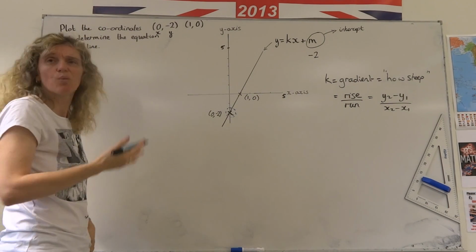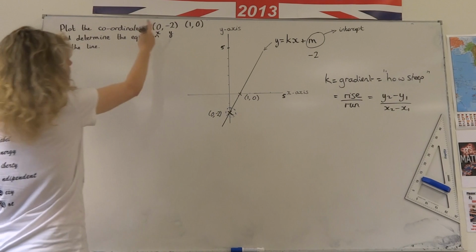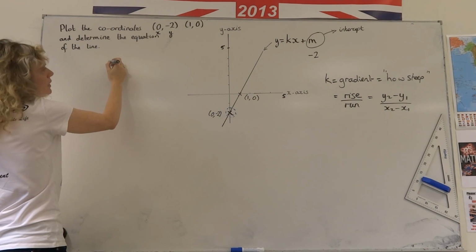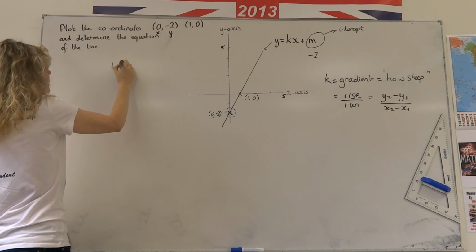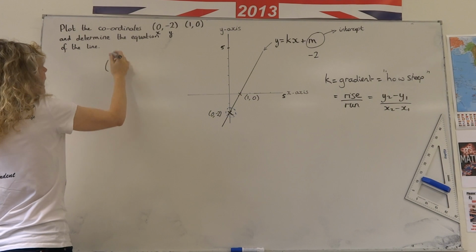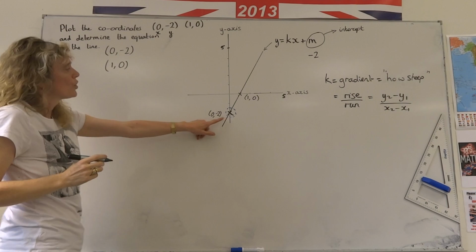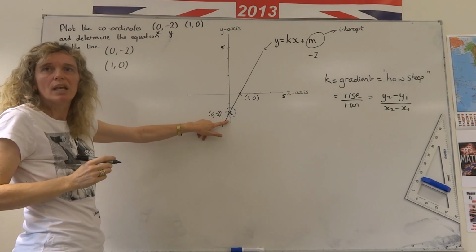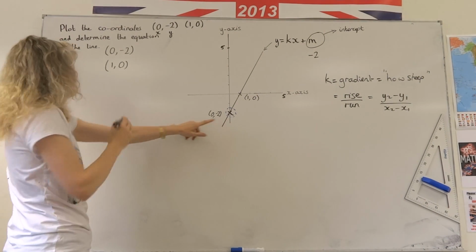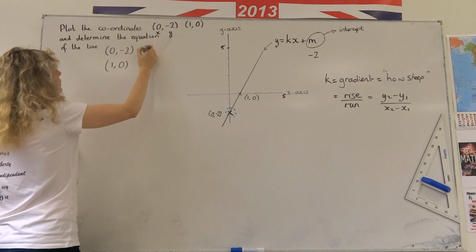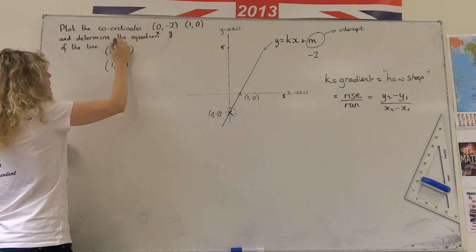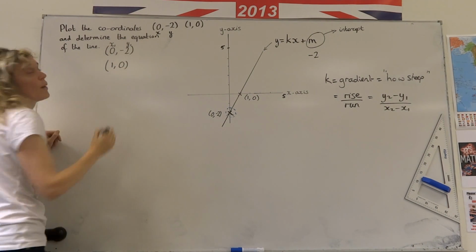How do we know which is y2 and which is y1? Well, we go back to our coordinates here. We have (1, 0) and we have (0, -2). The one that's at the lowest point is our x1 and y1.